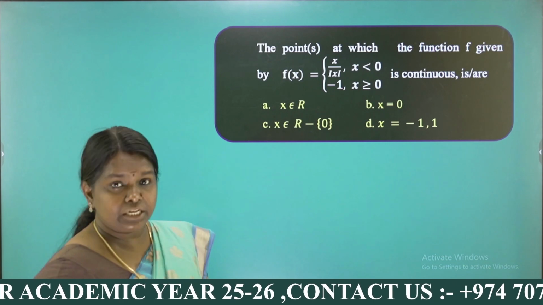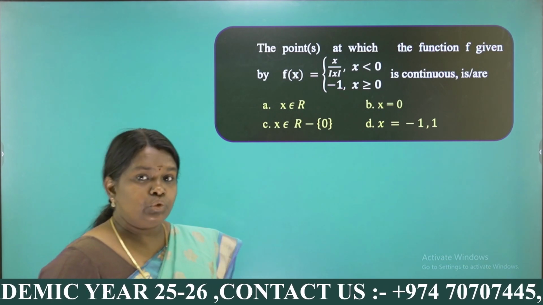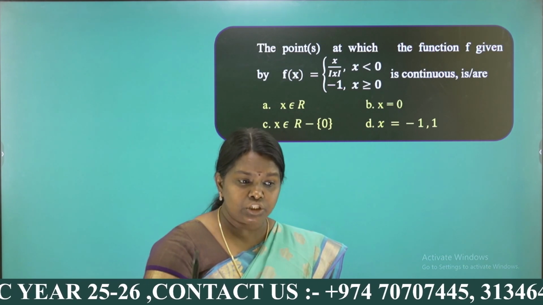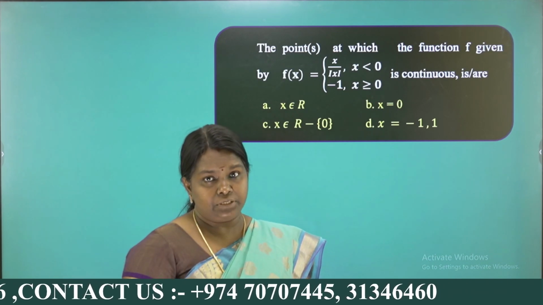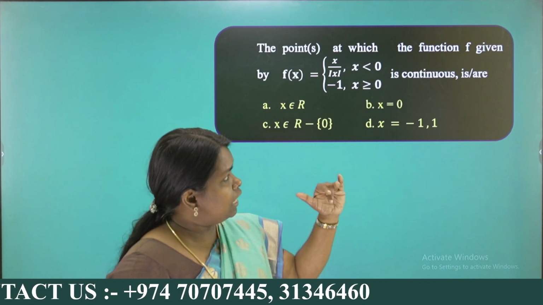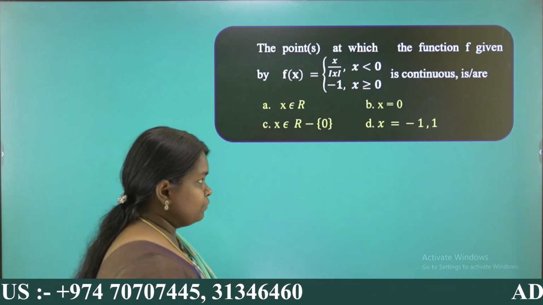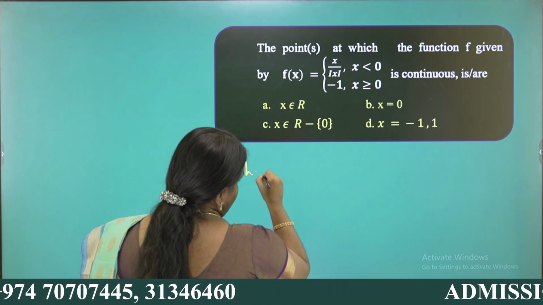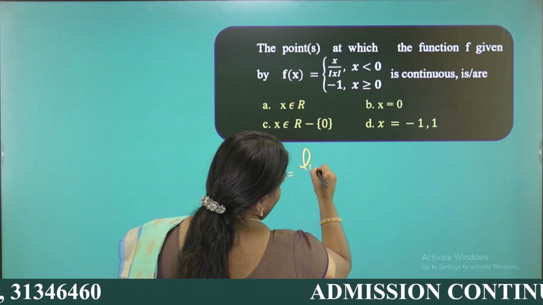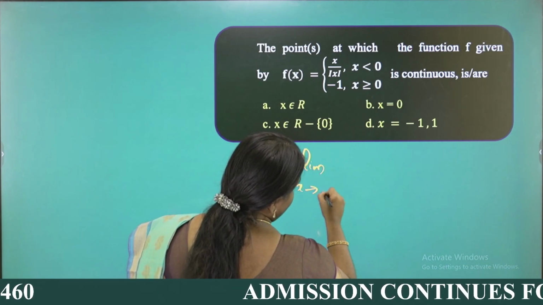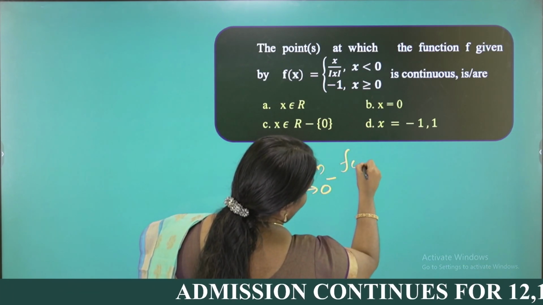This function is continuous. So, we know what a continuous function is: LHL equal to RHL at the point. We will see. So, what is LHL? Limit x tending to 0 minus f of x.